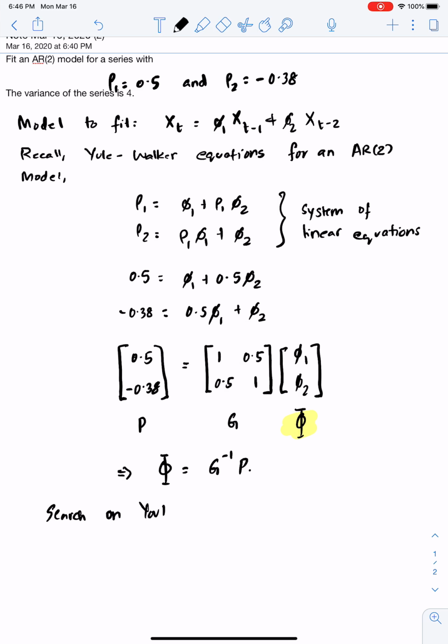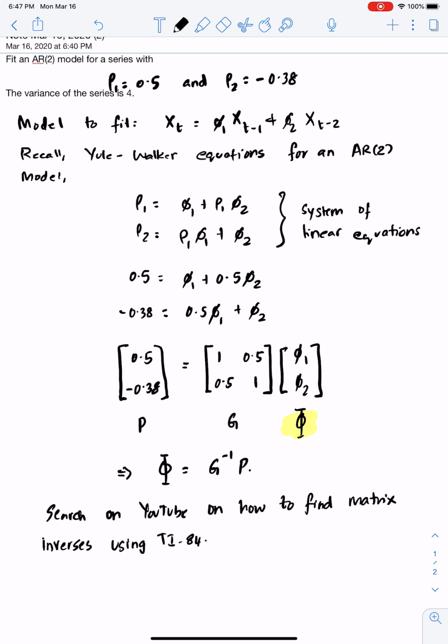So look on YouTube on how to find matrix inverses using a TI-84.